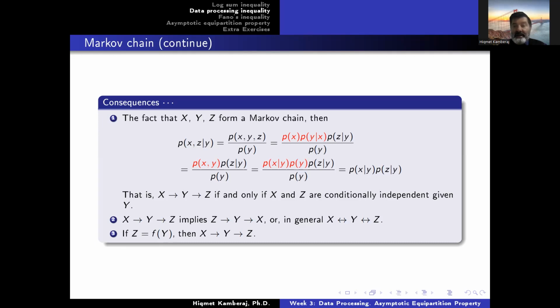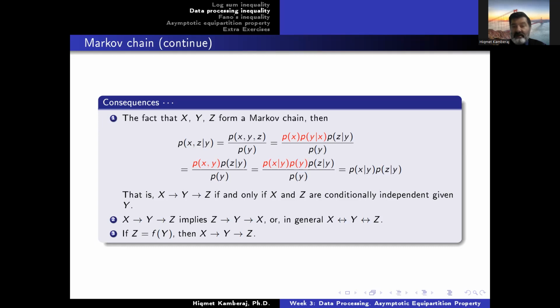Now, I group together the terms in red, p of x times p of y given x, and this will give me the joint probability mass function of x and y. Then I arrive at p of x and y times p of z given y over p of y. Moreover, I write p of x and y in a different form as p of x given y times p of y, then p of z given y as it is, over p of y.